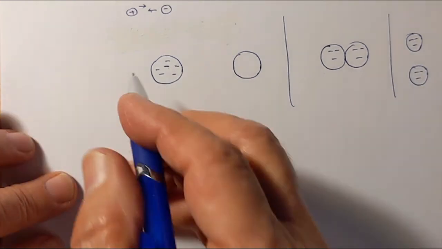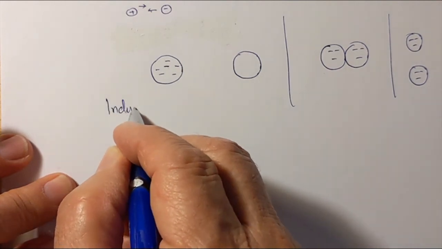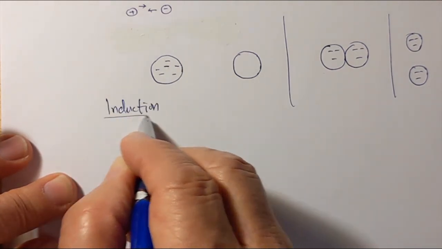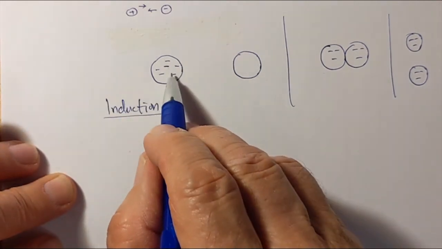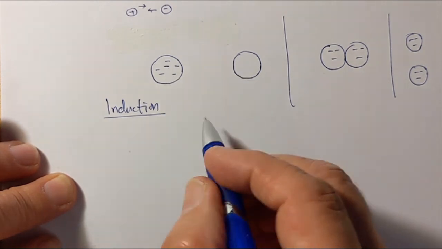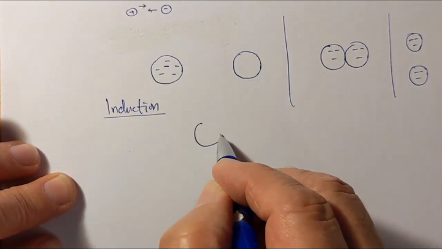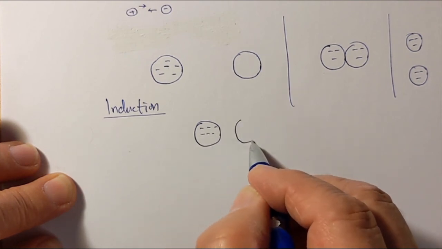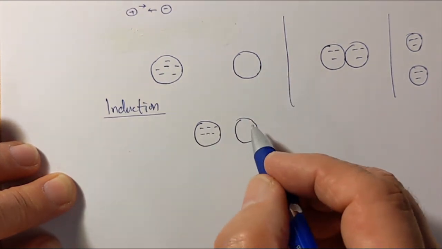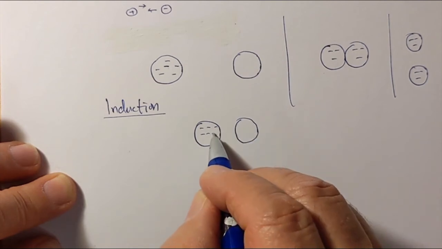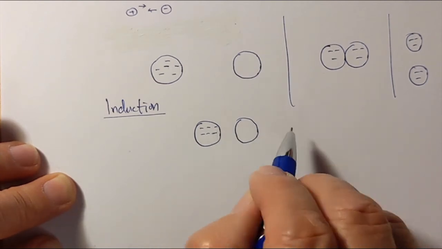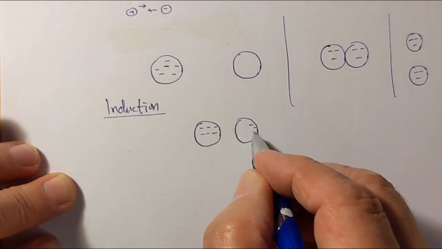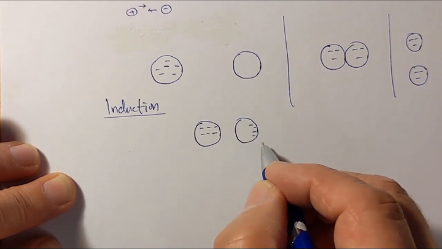Another way of charging is charging by induction. In induction, we would bring this charge close to this one. And what it does, if this is metallic, is that because of the negative charge, it pushes the electrons away, and the electrons sort of collect on the other side.